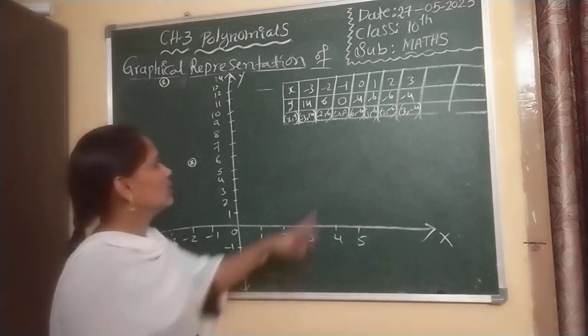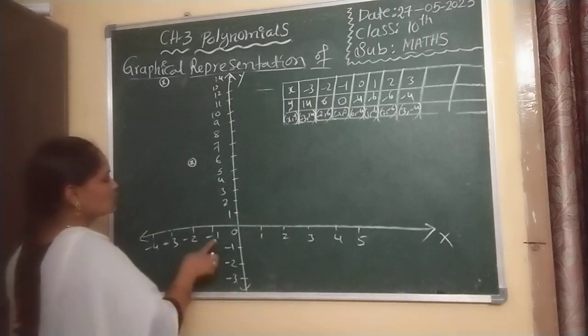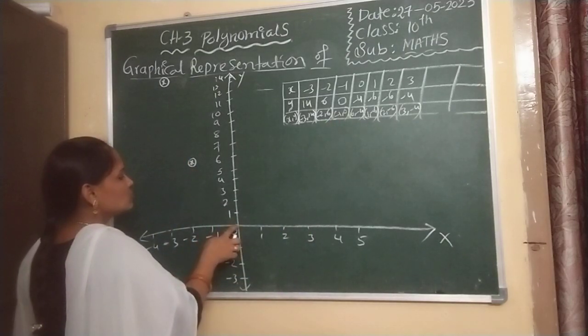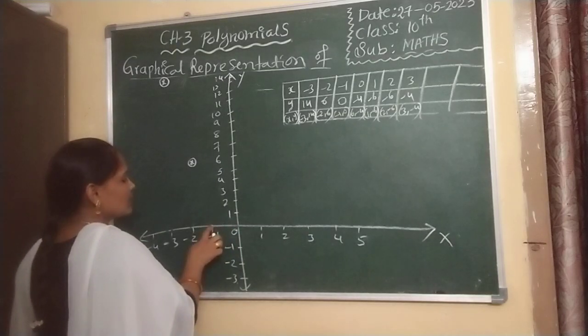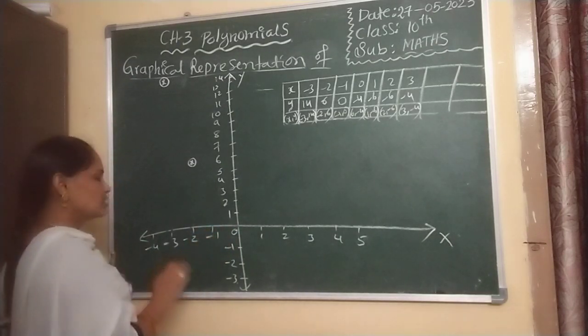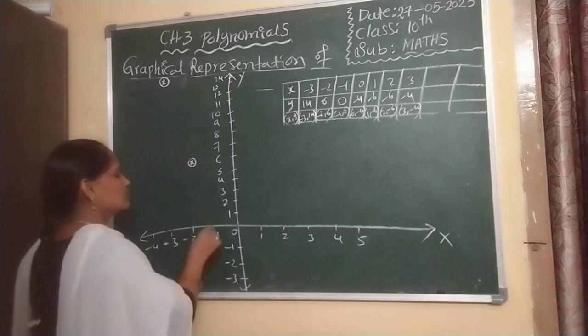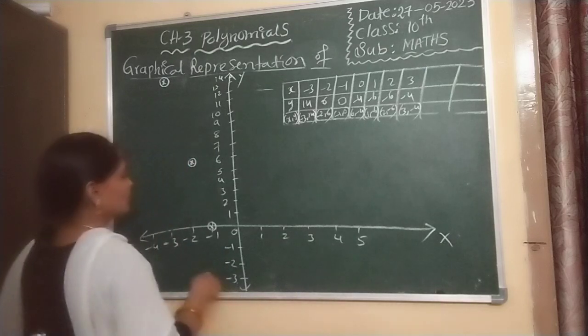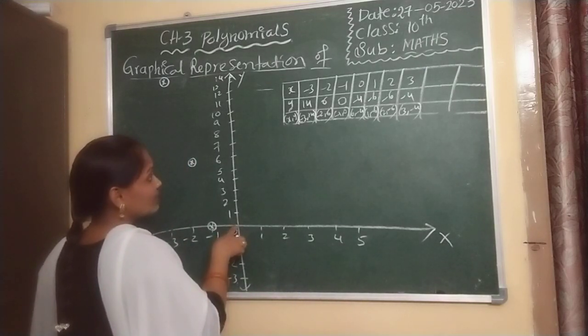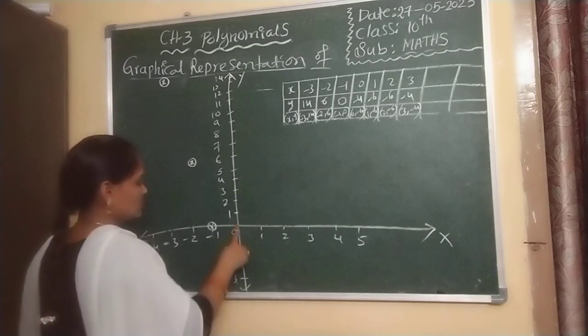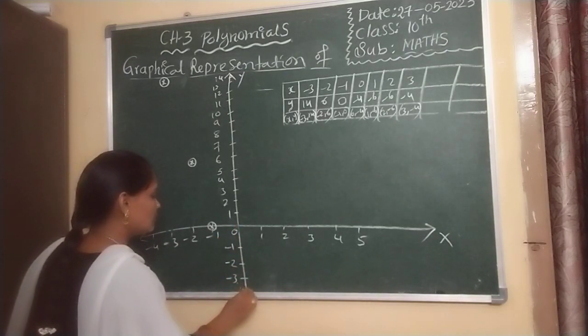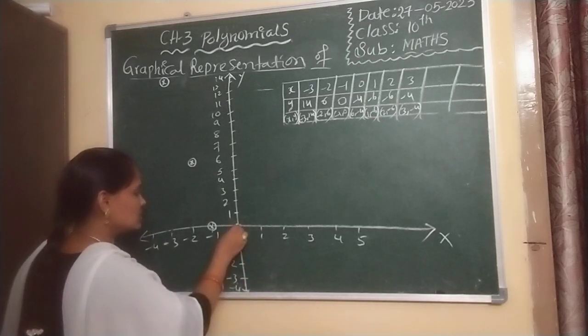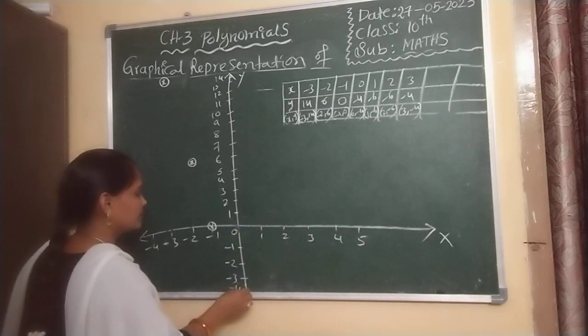Next, minus 1 comma 0. x is minus 1, y is 0, so here only we will get it. Next, 0 comma minus 4. x is 0, y is minus 4, so here is the last point, minus 4.